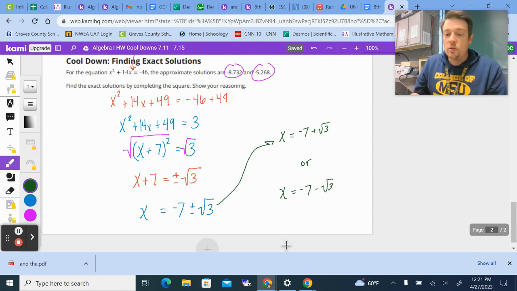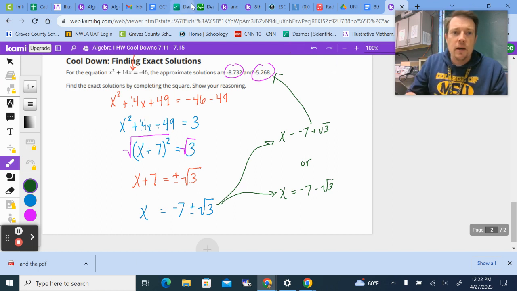These are the two ways this could work out, right? And guess what those equal when you do those things in the calculator? This is when I add root 3, and this one right here is when I subtract it. That's what it would come out to be. And that's why the calculator is giving you those numbers. But those numbers actually go on forever.